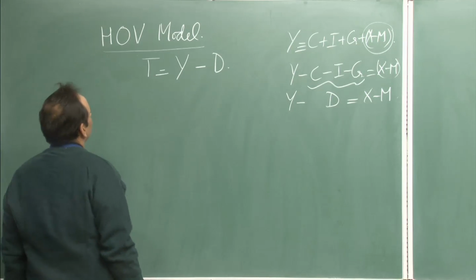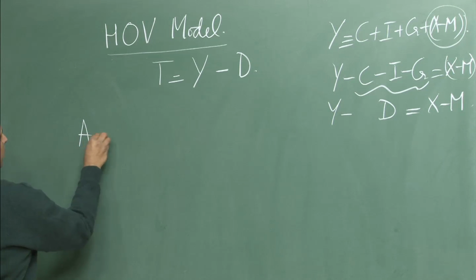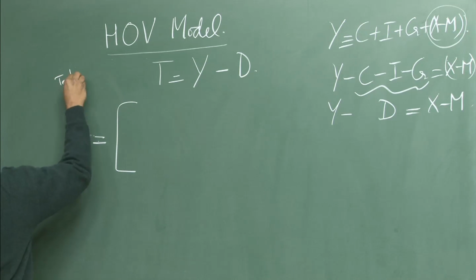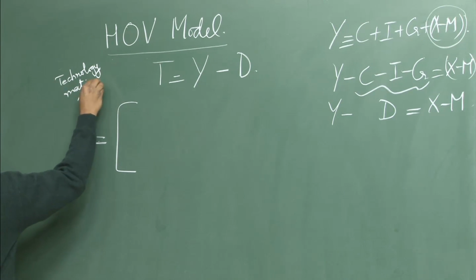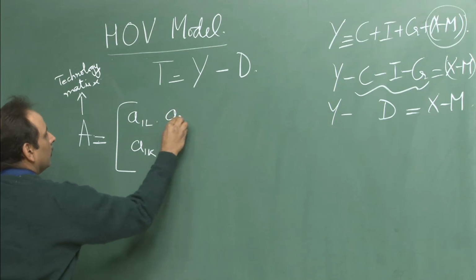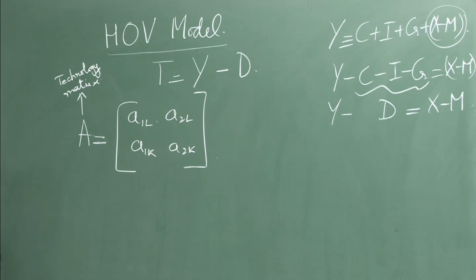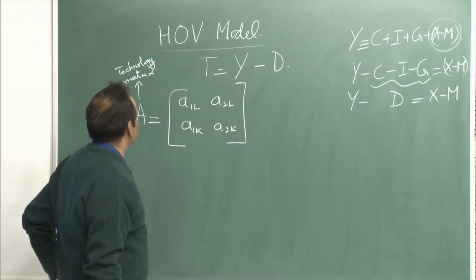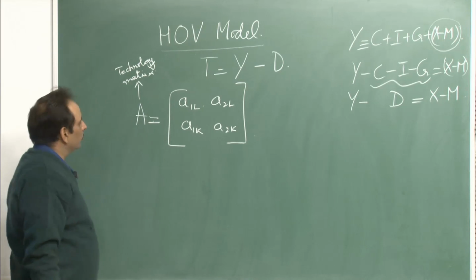Now, what the HOV model does is that it defines an A matrix. This is the technology matrix. It is talking about the primary factors used for producing one unit of good 1 and good 2.